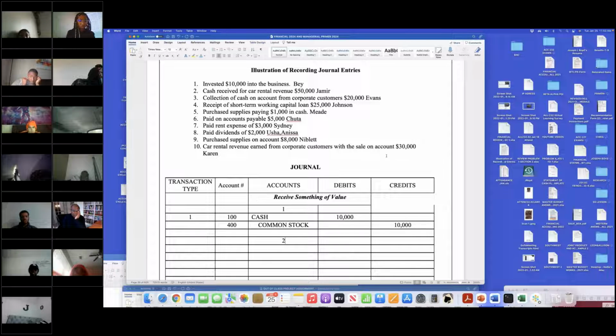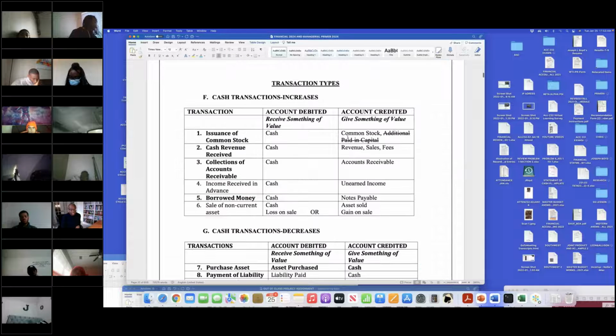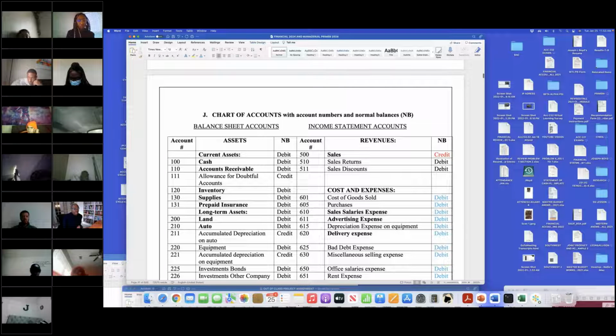Is it type 2? What's the type 2? Cash revenue received. So we're going to debit cash and credit sales or revenue. Cash we know is 100. Sales is 500.